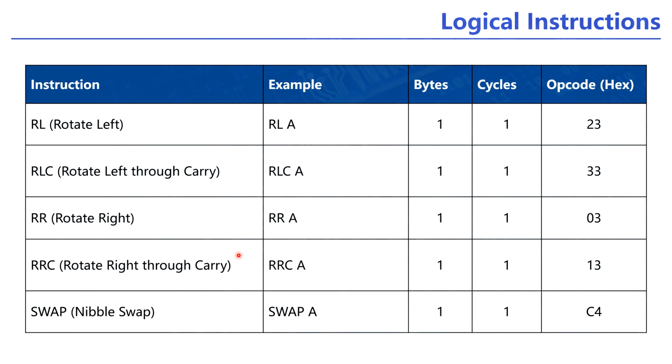The next instruction is the nibble swap. This is SWAP A. This is a 1-byte instruction, and 1 machine cycle is required for its execution. C4 is the opcode of this instruction.